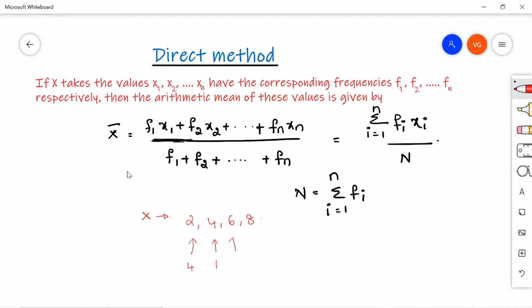The data point 6 appeared 7 times. The data point 8 appeared 2 times. This we call the frequency. The number of times a data point has appeared is called the frequency of that particular data point. That is represented with f. So if it is x1, the corresponding frequency is f1.